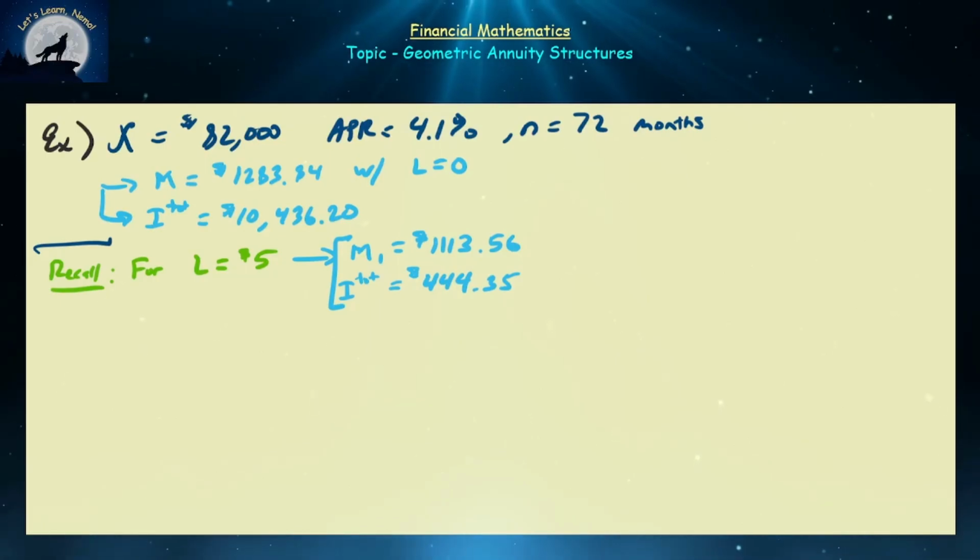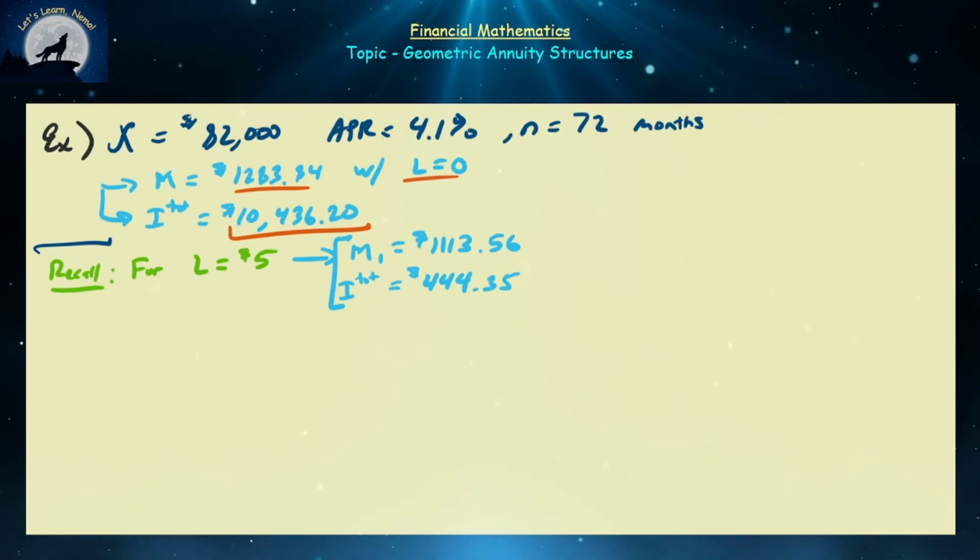Alright, so we're going to be taking the same exact example as we did in our arithmetically increasing annuity discussion, where we take out a loan of 82 grand under an APR of 4.1% for 6 years. Everyone should be able to find that the monthly payment would be $12.83 under that structure. Obviously, that's with arithmetic increase of 0. And we found that the total interest, the amount we paid to the bank in interest, was about 10 grand.